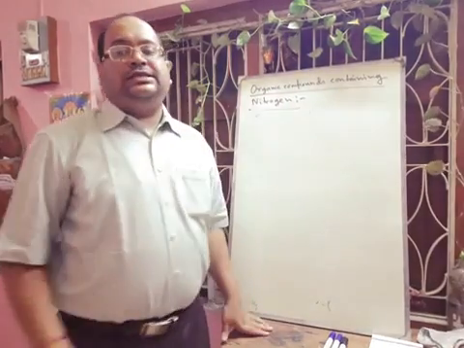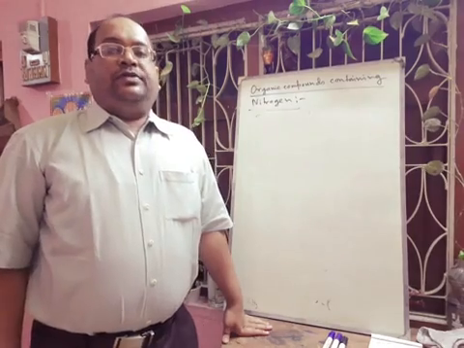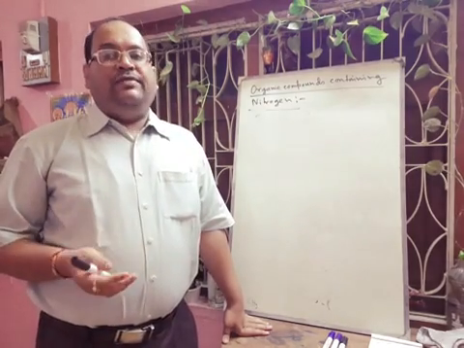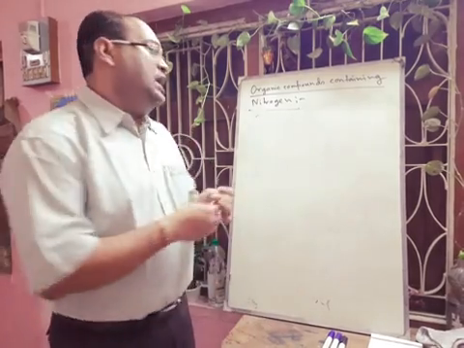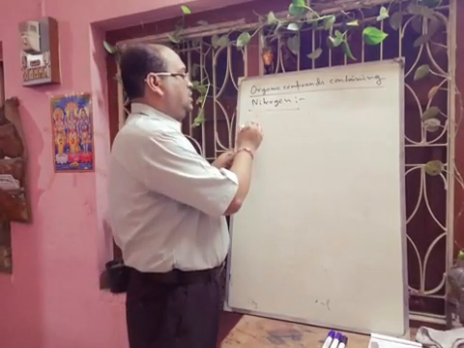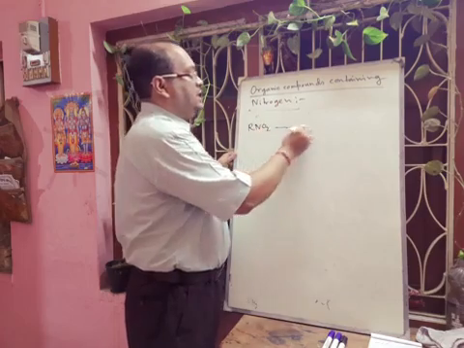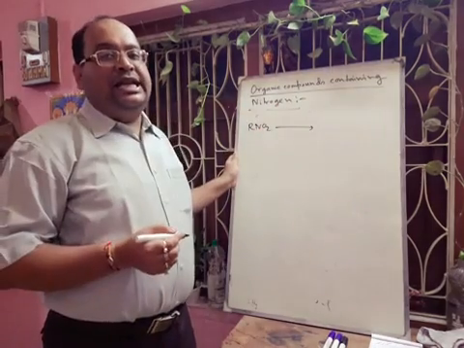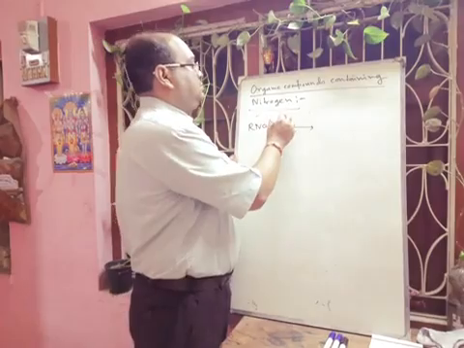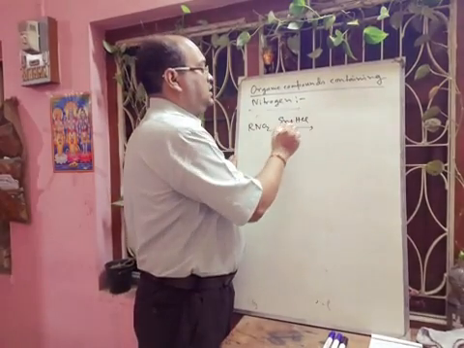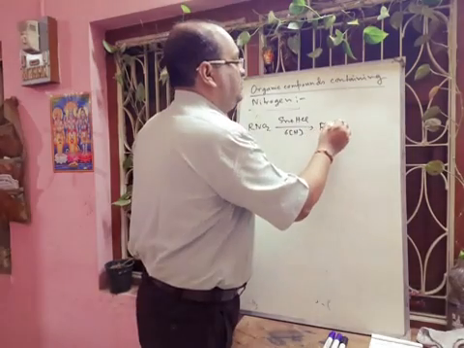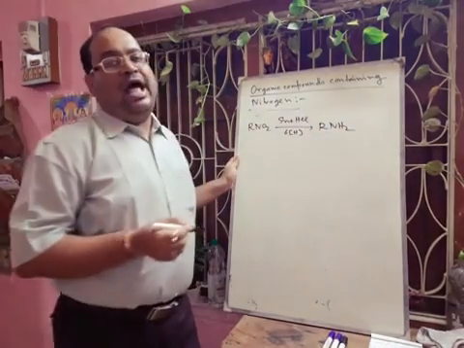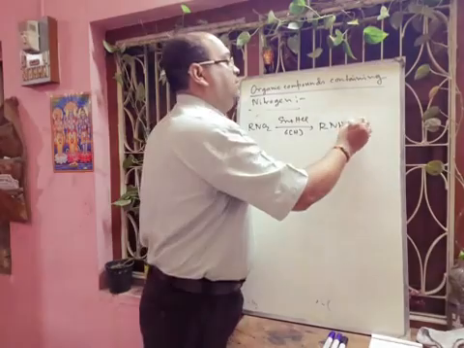Next we will discuss the preparation of amine from nitro compounds. If we take any nitro compound, RNO2, and add the reducing agent tin and concentrated HCl, there will be reduction of the nitro group, which will form the amine group.